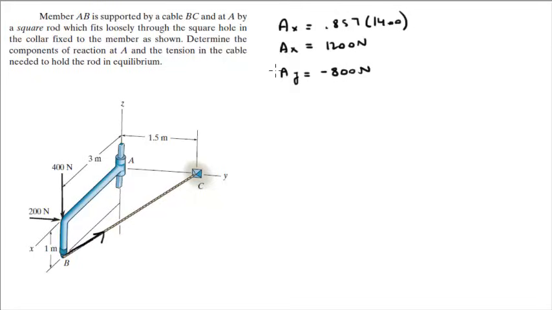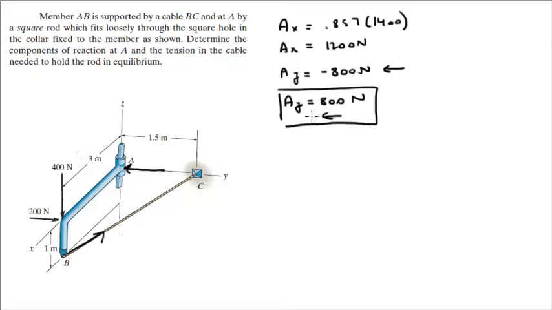When you solve for Ay in the equation, you plug it in, you're going to get this negative 800. Now remember, originally I said that Ay was aiming this way, and it came out to be negative. Since it came out to be negative, in reality, that just means that it's 800 going that way. Ay is equal to 800 going to the left towards the negative y, newtons of course. That's what that means.